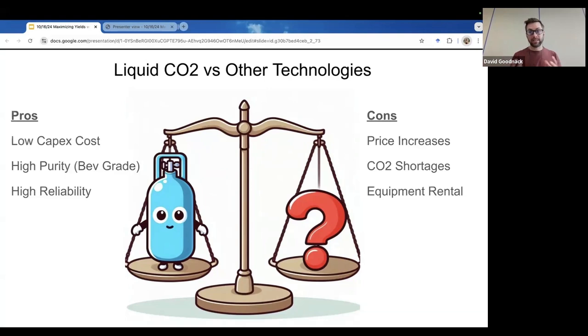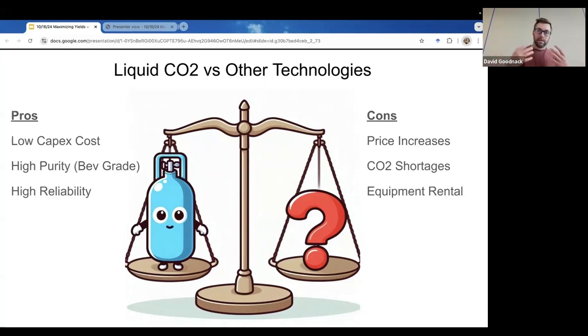meaning the initial cost is a tank shows up and then you start paying rent on it as soon as it lands. The cons: prices increase every year for CO2. That's a given. Stuff will keep getting more expensive. CO2 shortages can occur. Most vendors, if there's a CO2 shortage, will say, hey, we're going to give you 25% of what you typically use.